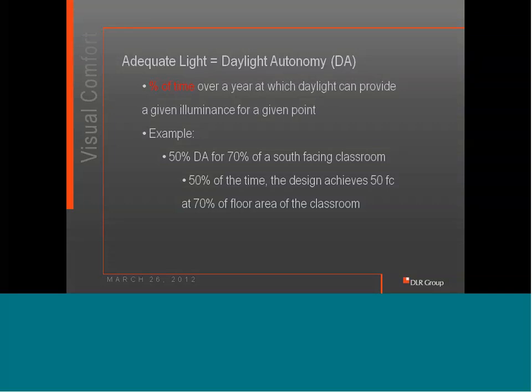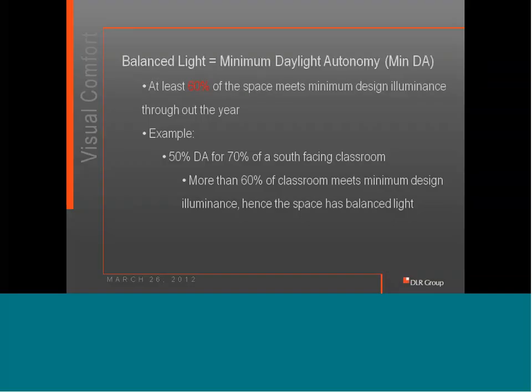Okay, let's go to the next one. As far as achieving balanced light, the minimum daylighting autonomy metric is to have 60% of any space over a year achieve the daylighting autonomy.